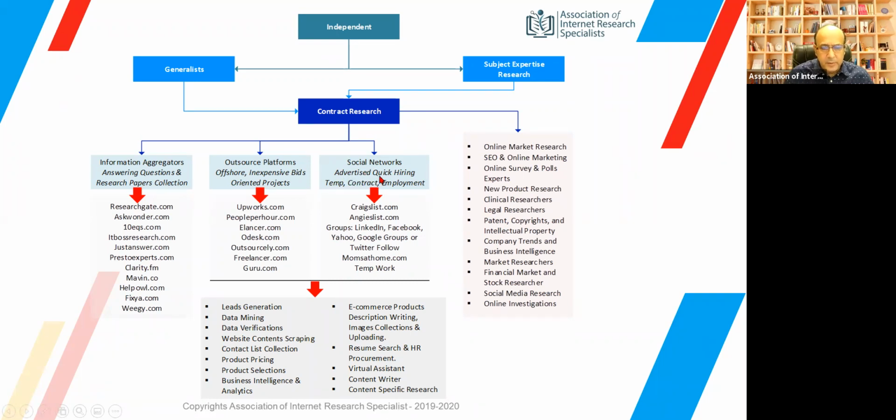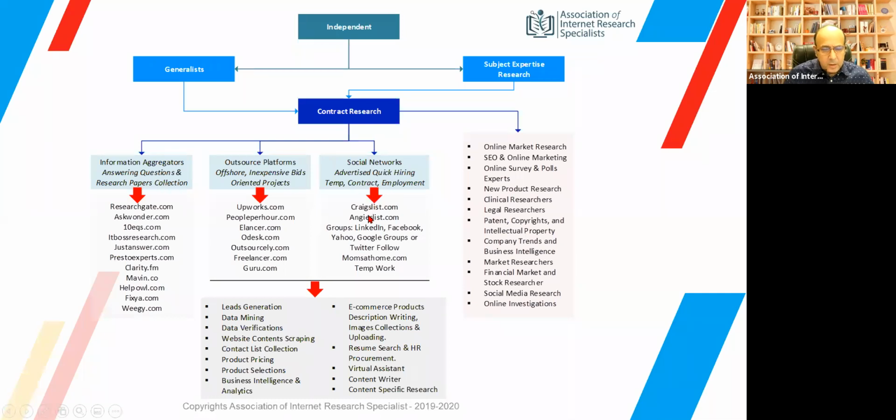Then we've got advertised quick hiring, which is where people are looking for virtual assistants. Temp jobs are there, contract, which could mean anything, but let's suppose contract has to do with social networks or anything that is short term. So these are short term contracts, and then employment opportunities. So this is in one slot.